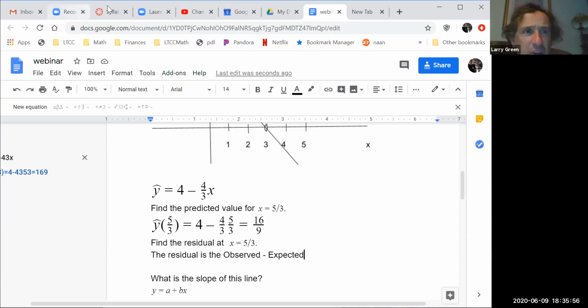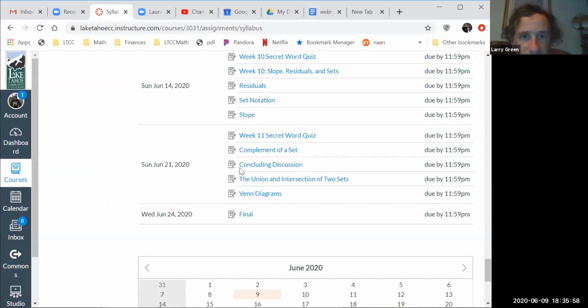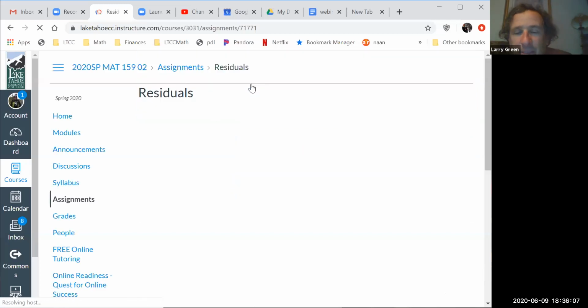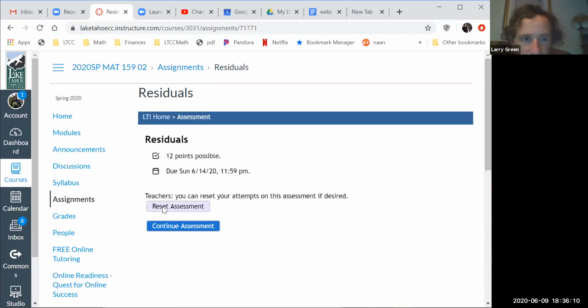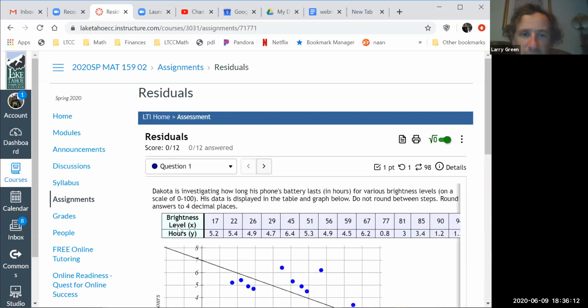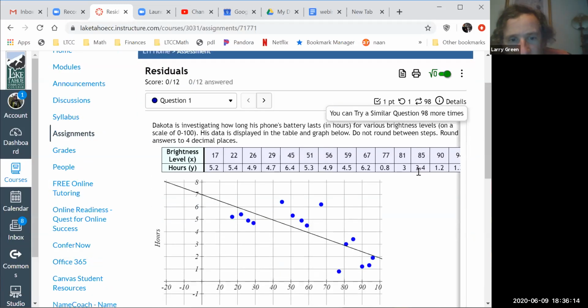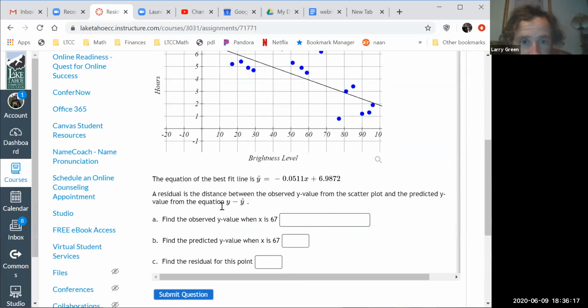Okay, let me show you where that comes in. I think it's worth showing you because, again, I'm throwing a lot of words at you, and I want to show you what it's going to look like on the homework. So if we go to our homework under residuals, you'll see a residual is the distance between the observed y value from the scatter plot and the predicted y value from the equation, y minus y hat.